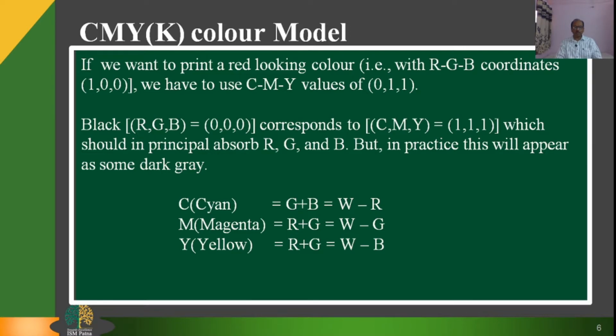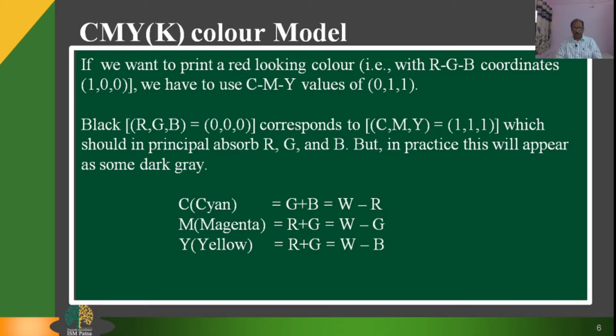In the bottom part of the slide, you are seeing cyan equals green plus blue equals white minus red. Whenever red is subtracted from white, that becomes cyan, leaving green and blue. Likewise, when green is subtracted from white, leaving red and blue, that becomes magenta.